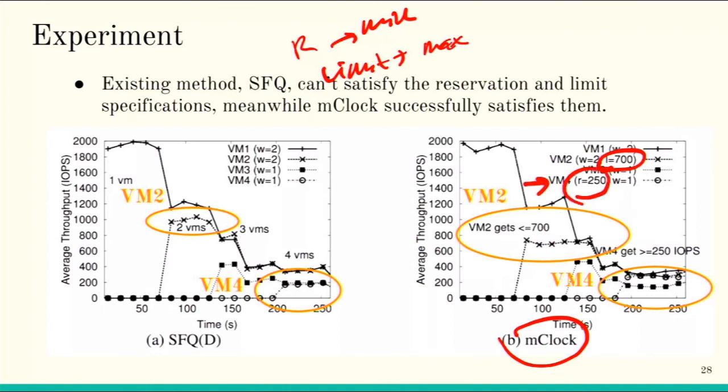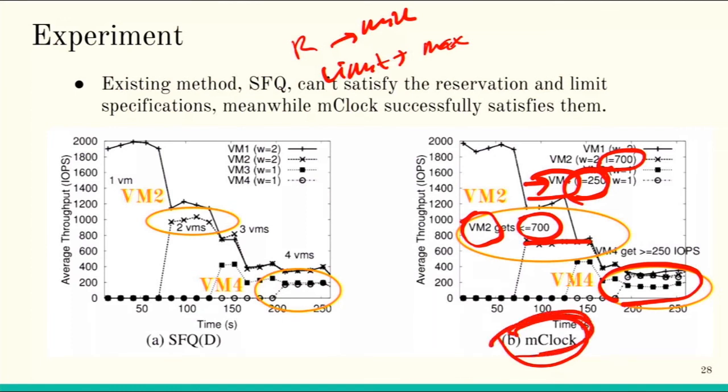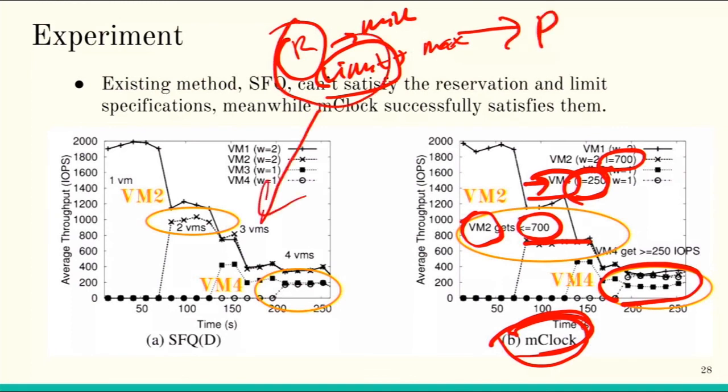In the result, we can see VM2 cannot go over this limit value, and VM4 cannot go lower than the reservation, the minimum or lower bound. So mClock successfully satisfies the reservation value, the limit value, and of course also the proportional value. Meanwhile, with SFQ, we cannot specify the minimum and maximum of the resource allocations.